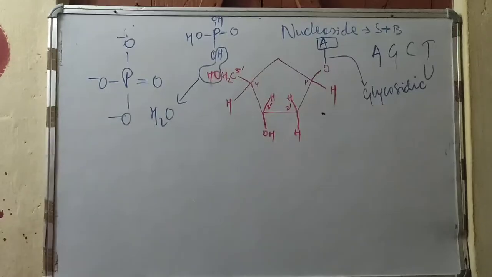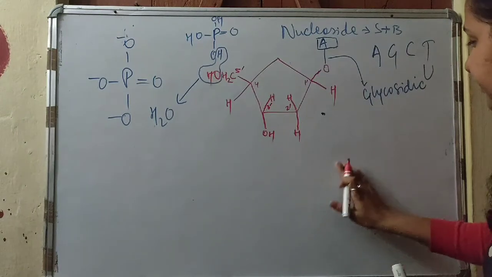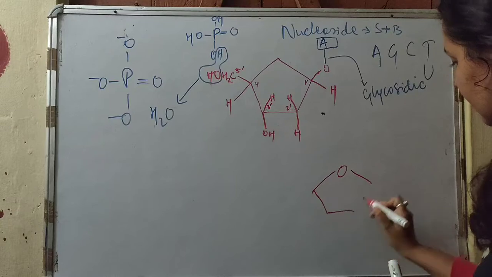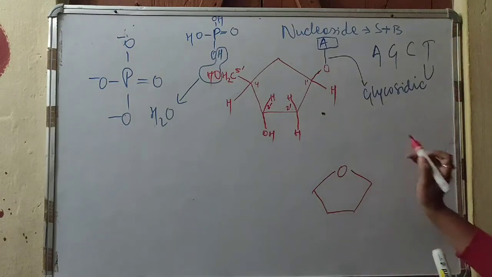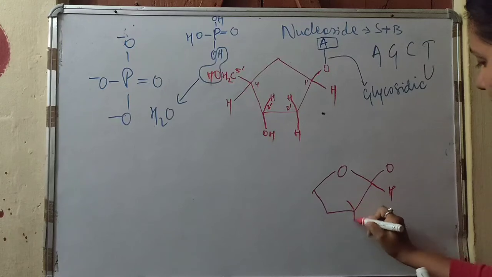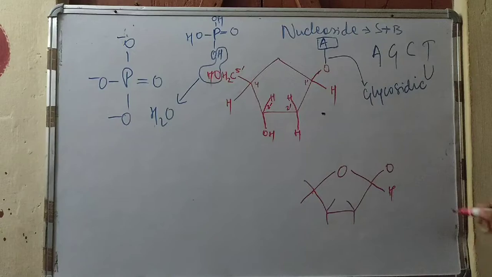In the next portion also I am drawing the next sugar molecule over here. For example, all right, now let us draw another leg. First let us draw the legs.